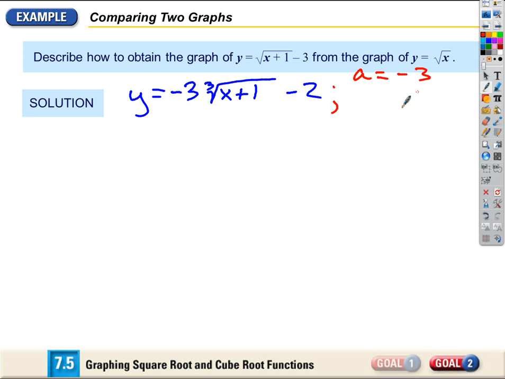Negative 3. Okay, and then the point hk is going to be what? What's h? -1, -2. Okay, everybody see that? H is -1, right? Because I've got a plus sign there. And then -2, right? So that's going to be the special point on the cube root graph, the one in the middle, right?